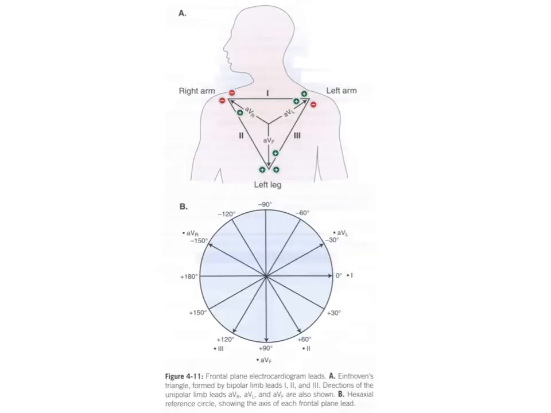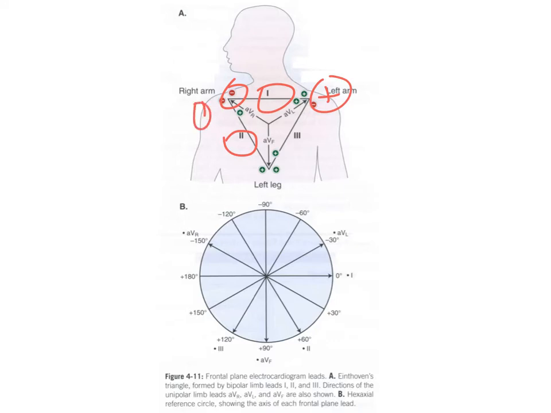Okay, to quickly summarize what the leads we talked about so far look like. Again, lead 1 is from the right arm to the left arm, and it's negative to positive towards the right arm. Lead 2 would be from the right arm to the left leg, and you can see that the negative is on the right arm and positive is on the left leg.